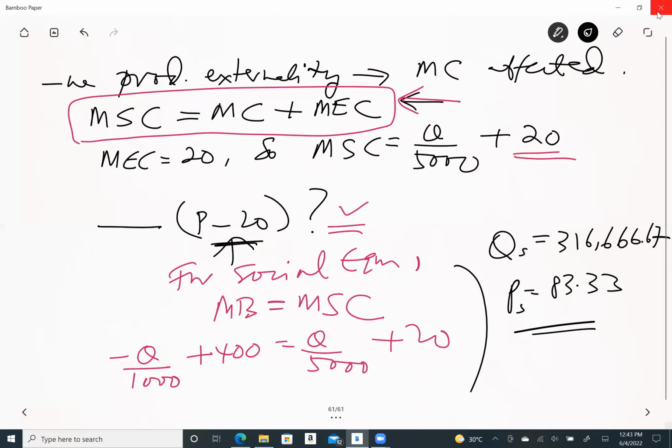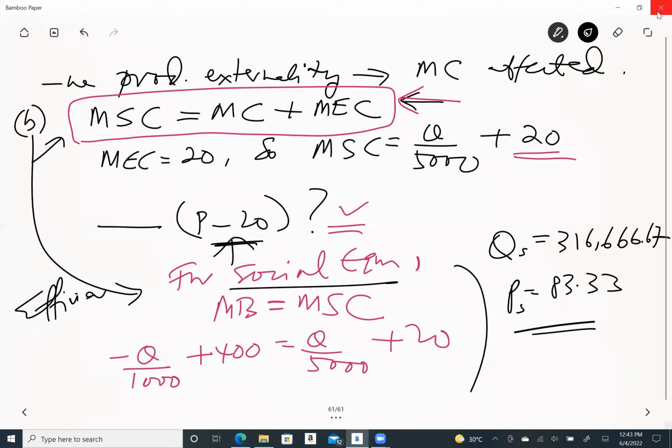The efficient amount of paper is this one, part B. The efficient amount of paper is the social equilibrium. So that is the efficient. So the efficient will be QX equal to that amount, PS equal to 83.33.